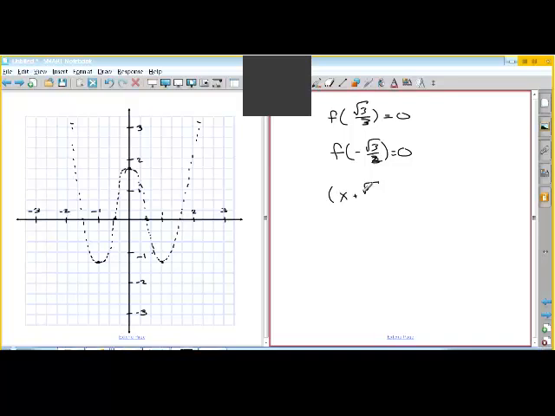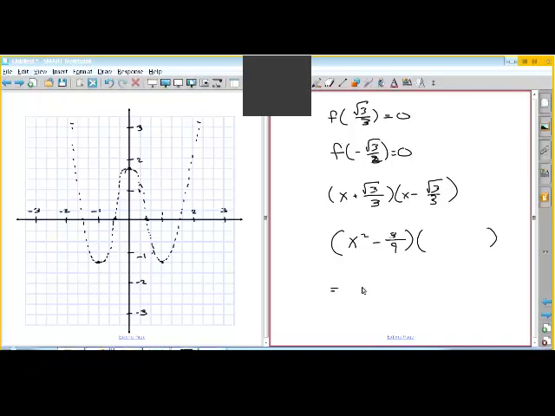So if we took these factors, x plus the square root of 3 over 3 and x minus the square root of 3 over 3, and we multiply those together, we'll get x squared minus 3 over 9. The square root of 3 times the square root of 3 is 3. 3 times 3 is 9. Okay.